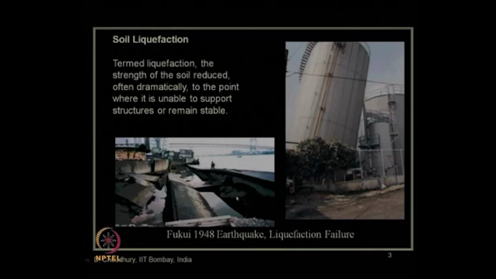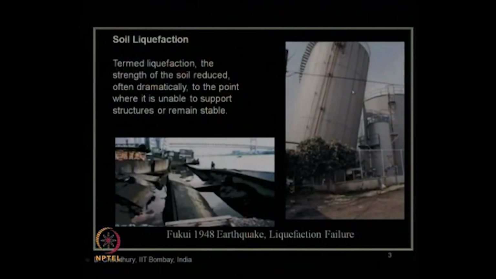That term is called lateral spreading. So, after liquefaction, the immediate effect is the lateral spreading, and that spreading can occur even at a very gentle slope of even 0.5 degree.